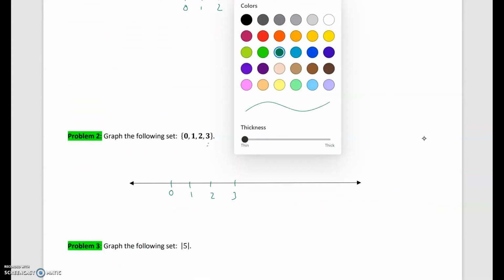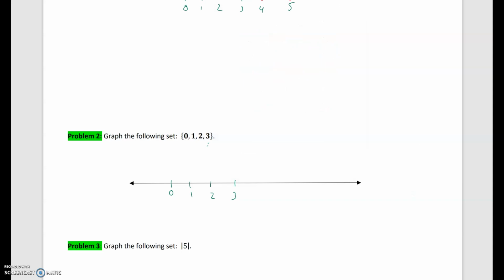So not all of them. So we're just going to put a dot on 0, one on 1, one on 2, and then one on 3. So your main solution is the dot on the number line. You cannot put the dot above it because if you put it above the number line, it represents an x and a y. Those will show up later.